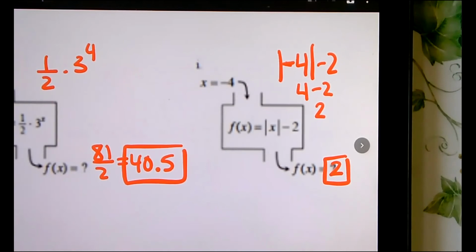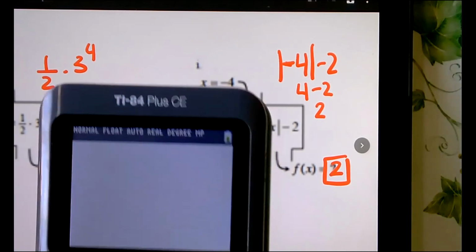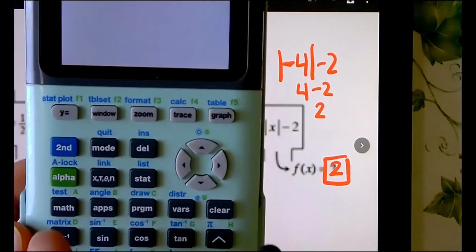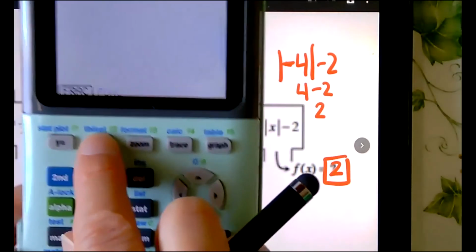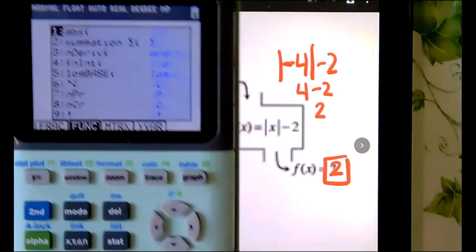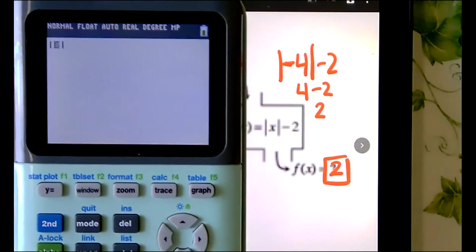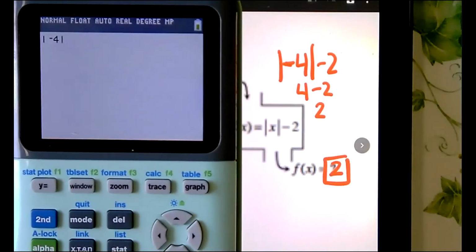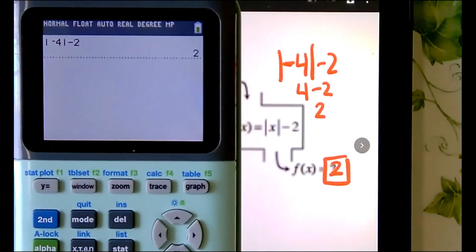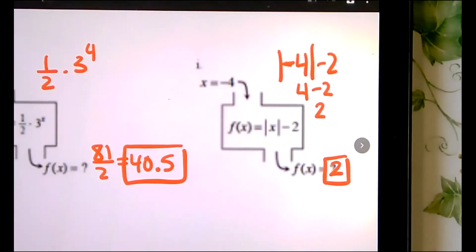There is an absolute value, and I kind of pointed it out a second ago. If I press alpha and window, this one here is absolute value. And you could type in negative 4 minus 2, and it will do that math for you if you need.